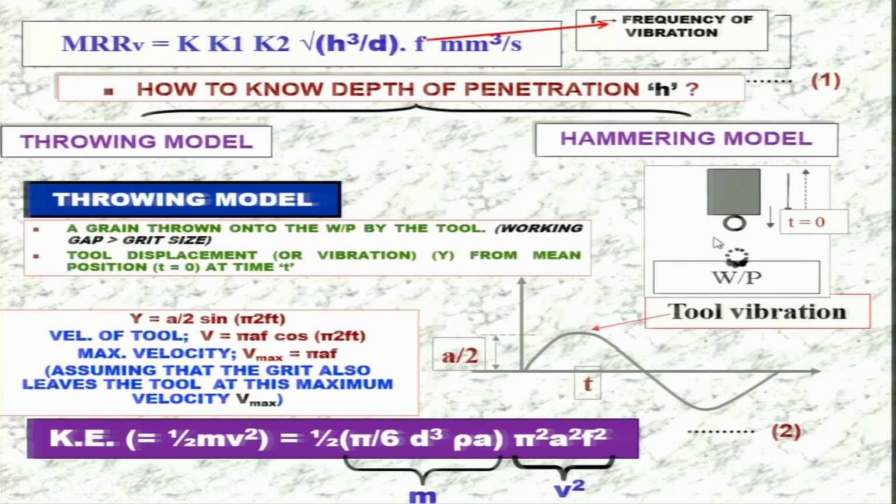If it is good enough, it will be able to remove the workpiece material and form a tiny crater. If the kinetic energy is not good enough, it will not be able to remove the material from the workpiece.